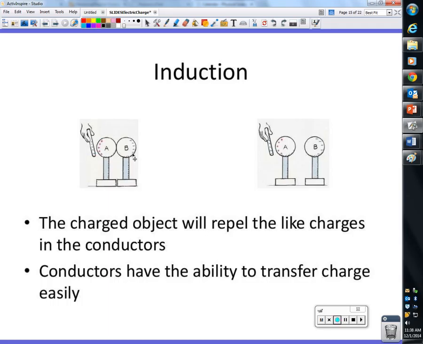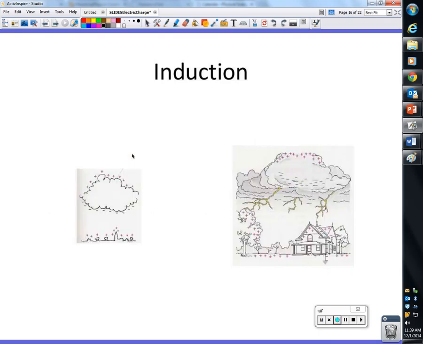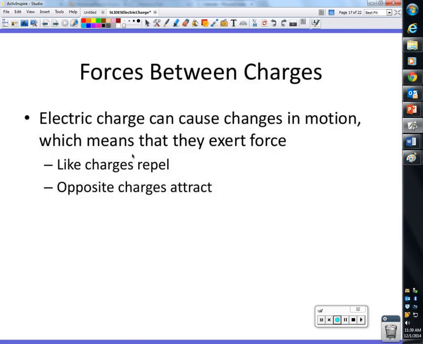Good there. Okay. Let's talk about our main business for today, and that deals with forces between charges. So, these two statements here, like charges repel, opposite charges attract. We're good with that, right?